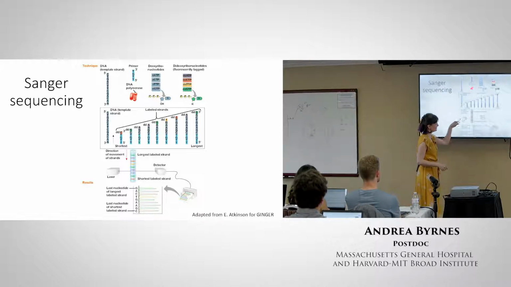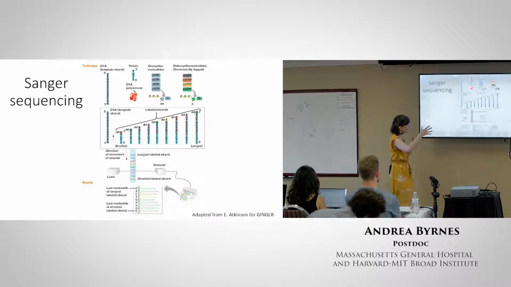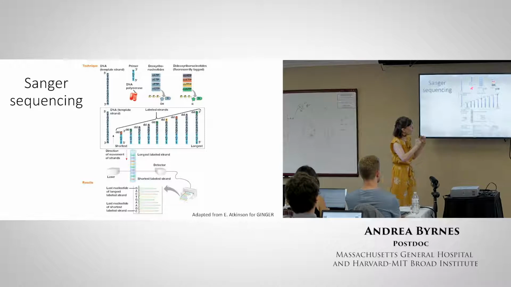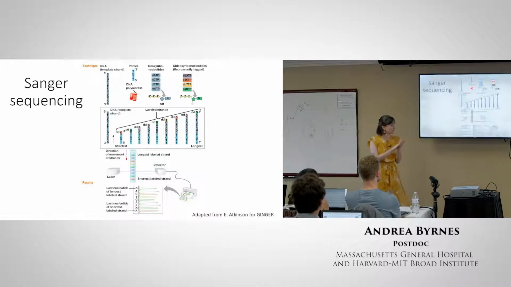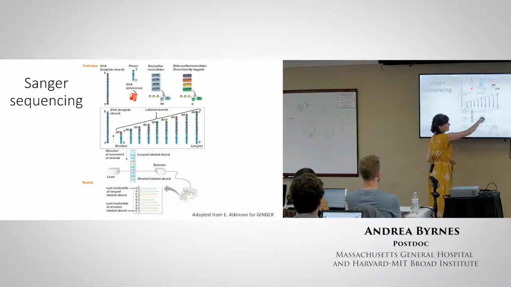Shine a laser on it. And we get binding of these different bases to the one on the end. And we label each base with a different color, a fluorescent molecule. We shine a laser on it, and there's a detector here, and it reads out what color fluorescence we saw at each base.